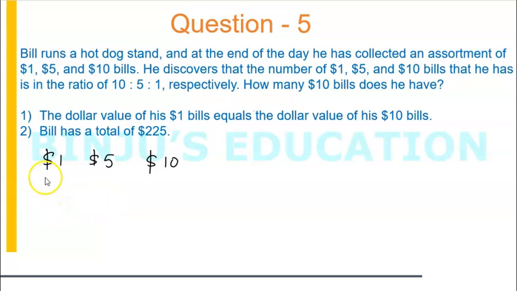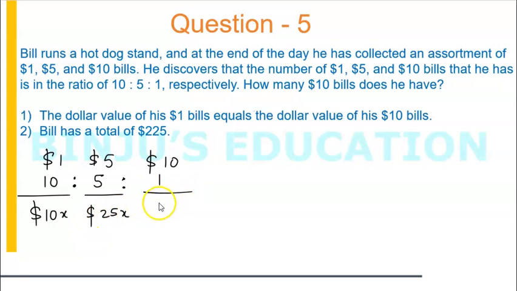So the bills are in the ratio 10:5:1. Or we can say that their overall value will be 10x dollars, 25x dollars, and 10x dollars.